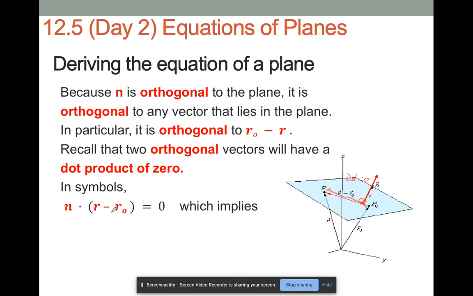Now, you may or may not remember from the properties of the dot product that n can distribute across those.